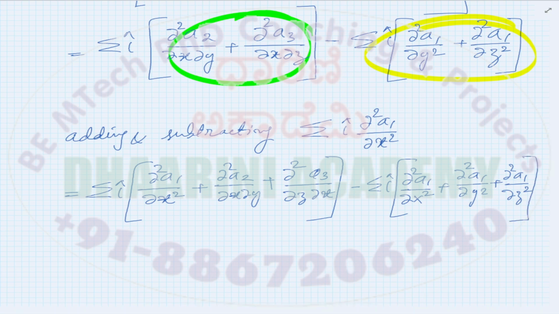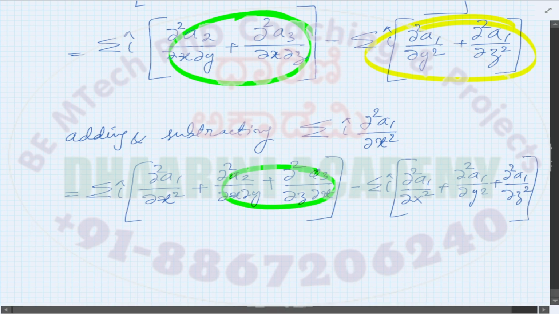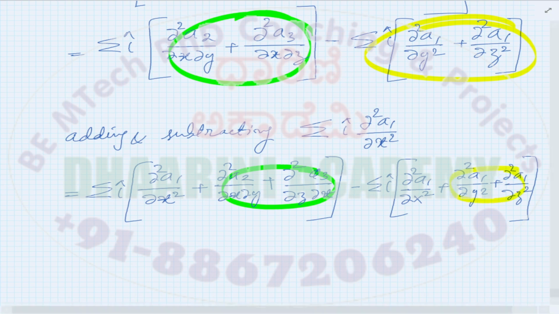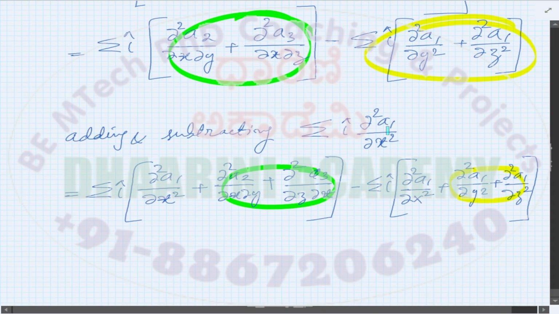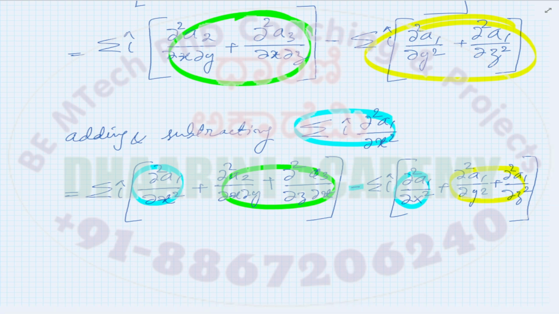This is done. Now I will show you the previously present terms. You can see that these are the two terms which are already there, and then these are the two terms which we already have. Now I use a different color to note where I added and where I am subtracting. You can see this term is getting added here and getting subtracted here, because the sign is minus. So adding and subtracting makes the terms look like this.